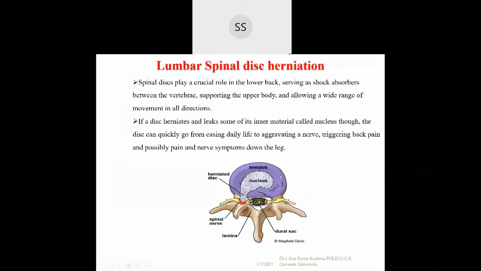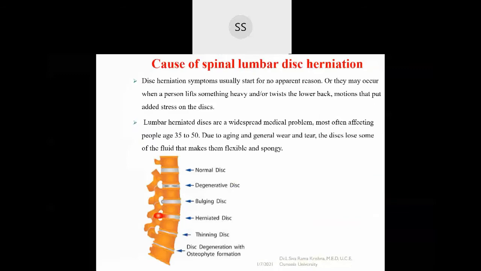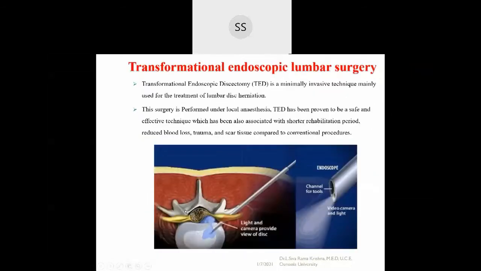Behind this you have a tunnel through which all nerves pass from your head to the other portions. So this will come and hit the nerve, and because of it the blood flow will stop here. So spinal nerve blood flow will stop. This is a normal disc, this is a degenerative disc, this is a bulging disc, etc. So what happened? Let us see with this video. Let us understand how this operation happens.